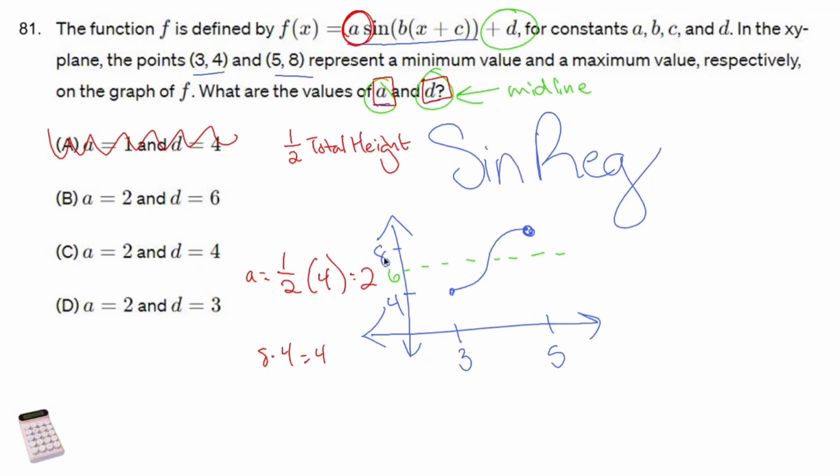If you were given terrible numbers, you would do your minimum value plus your maximum value and divide that by 2. Midline is just like a midpoint where you add 2 things and divide by 2. So that gives you 12, and 12 over 2 is 6. So your midline is 6. So D equals 6. So we need the one where A is 2, D is 6.